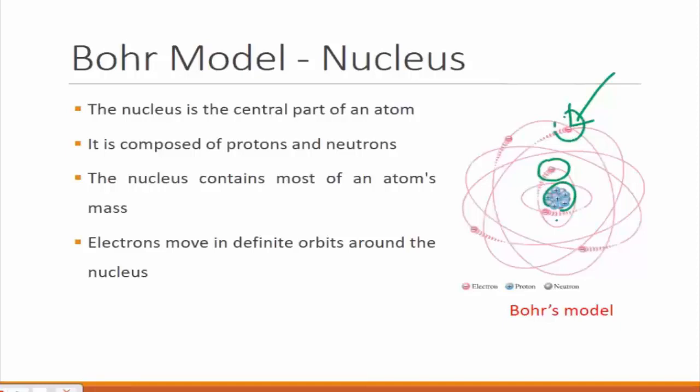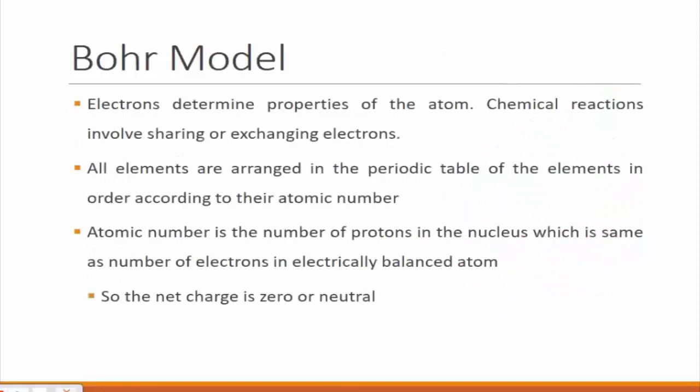Remember that the nucleus is positively charged, a heavily positively charged location within the atom, whereas the electrons are around the nucleus. So whenever we say, for example, a conductor or insulator or semiconductor, who's responsible for making the material so?